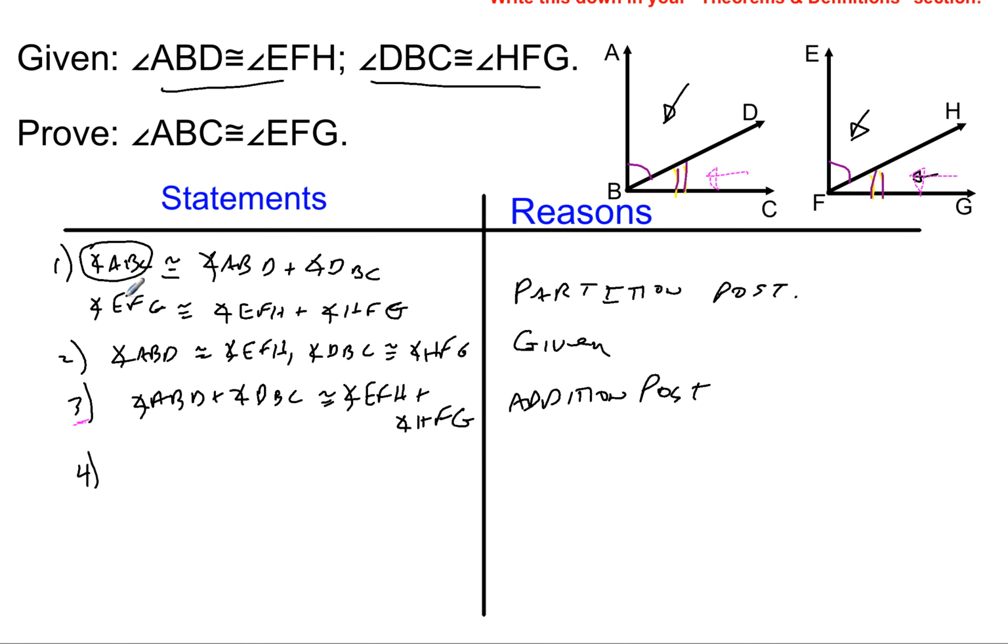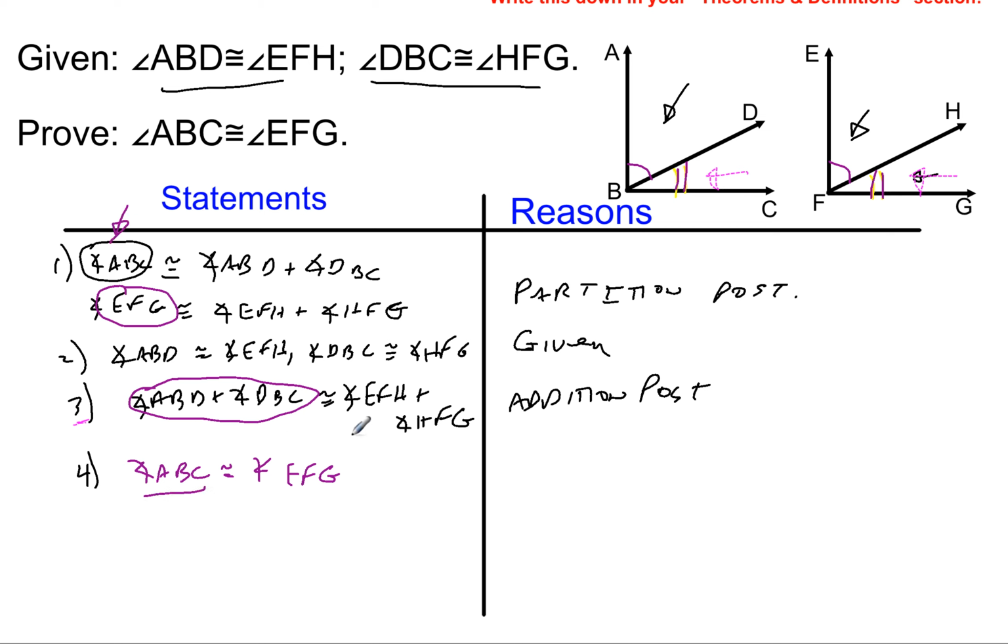I was asked to prove that ABC and EFG were congruent, and that's exactly what I'm going to say right now. I know now that angle ABC is congruent to angle EFG. What allows me to say that? Well, I'm simply going to substitute this statement with ABC.